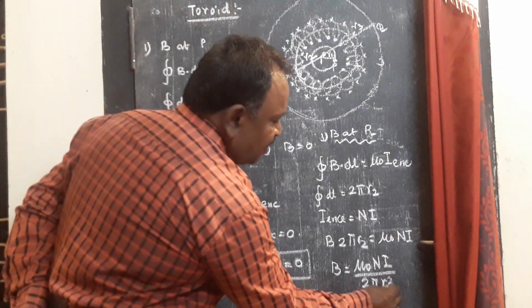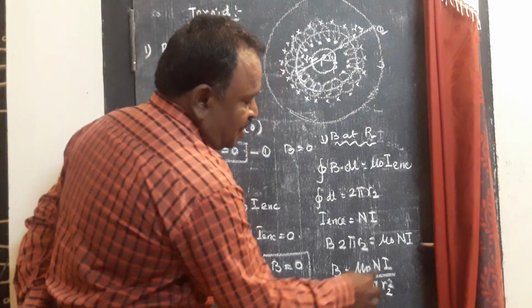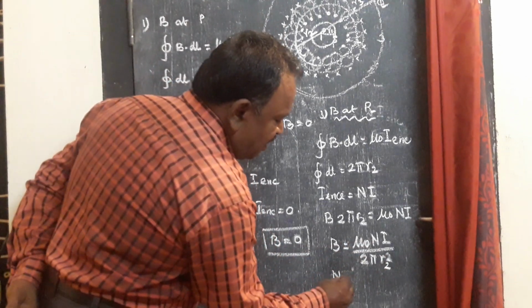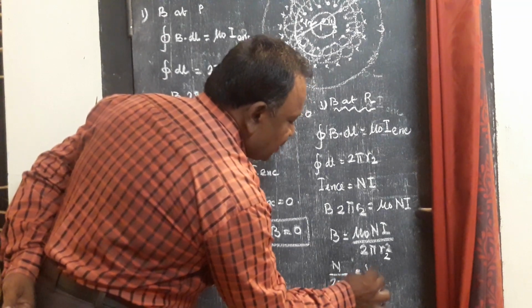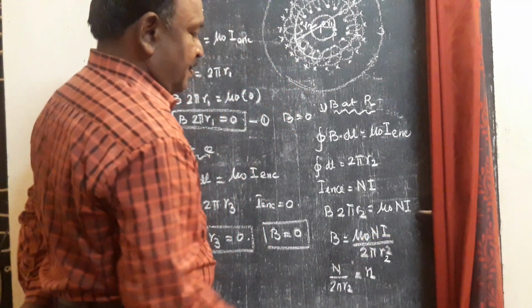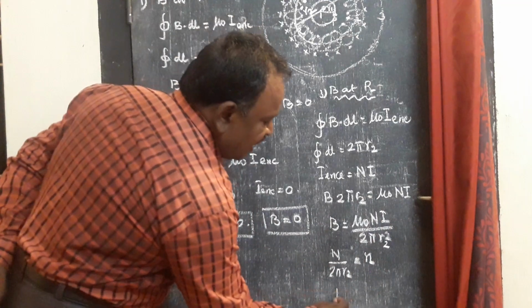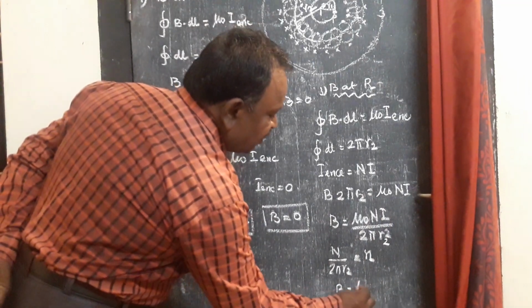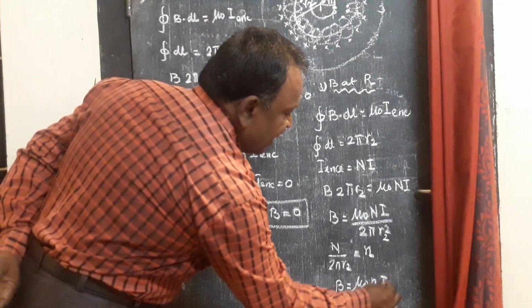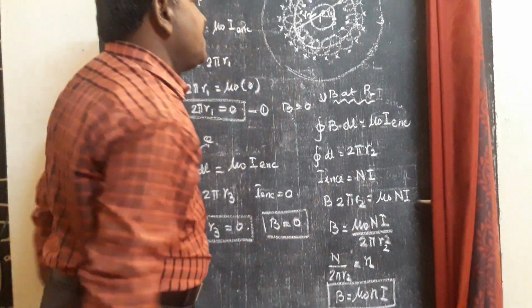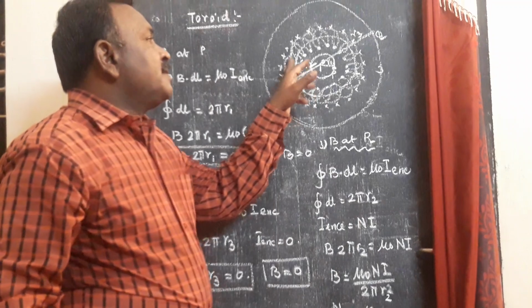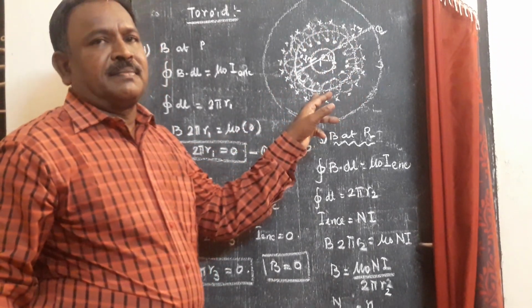What does this 2 pi R2 represent? The circumference. So N by 2 pi R2 gives the number of turns per unit length. Substituting this, we will have B is equal to mu naught n I. This is the magnetic field inside the toroid.